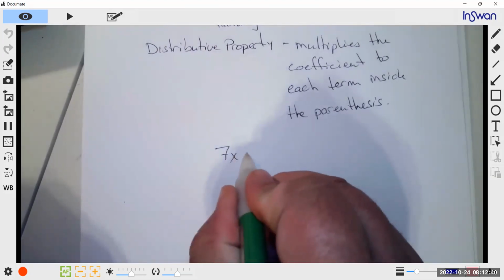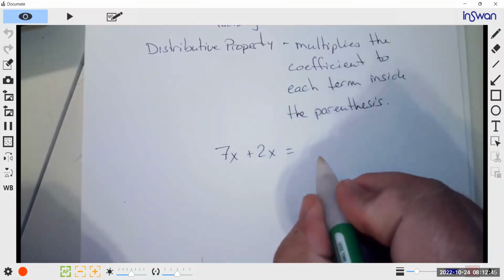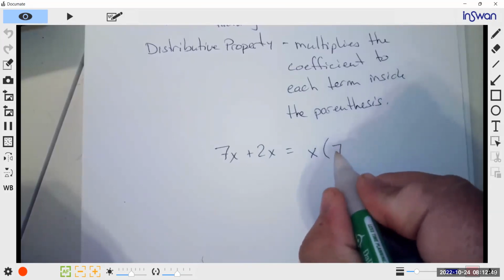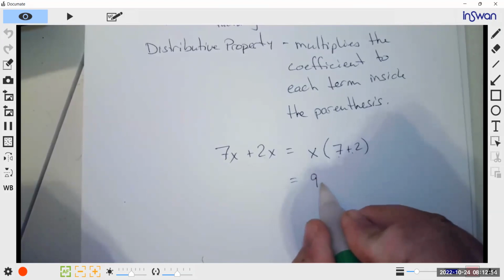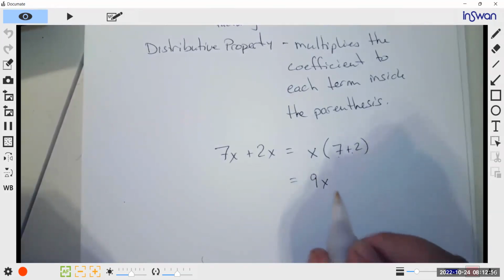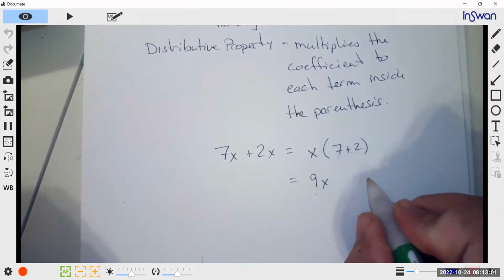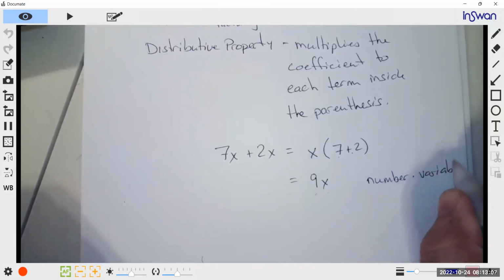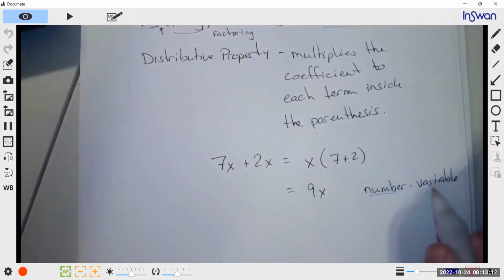If we have 7x plus 2x, what do both of these have in common? The x. So if you remove the x, you have 7 plus 2. 7 plus 2 is 9x. And you always write the number, then the variable. It's always written in that order. The coefficient goes first.